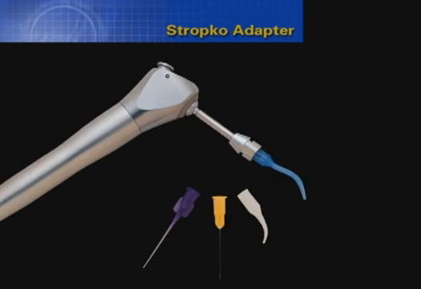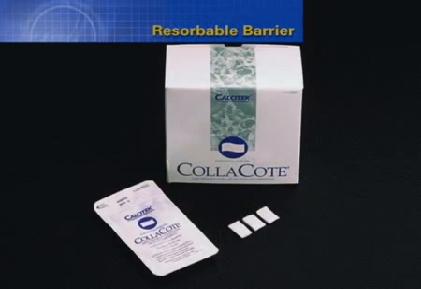Collacote is biocompatible, resorbable, and may be utilized as a hemostatic agent or barrier material when managing perforations. Specifically, appropriately sized pieces of Collacote may be packed through the defect into the osseous crypt until a solid barrier is created at the external cortical surface of the root.